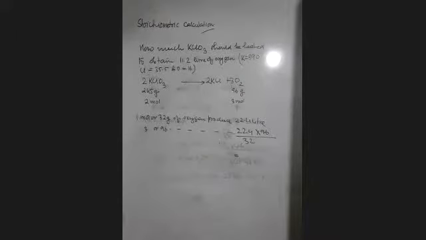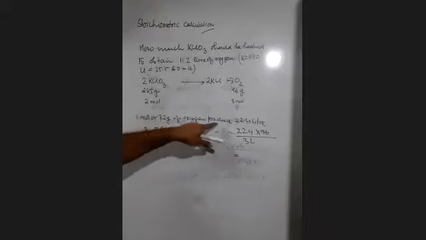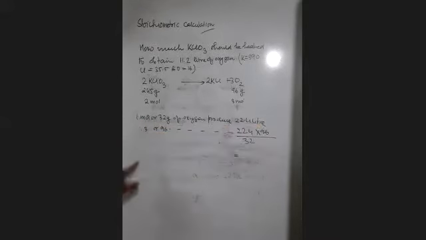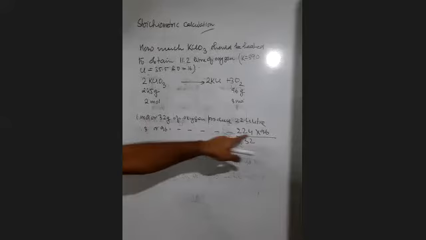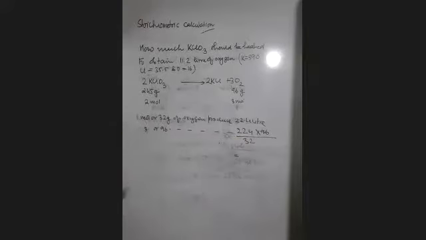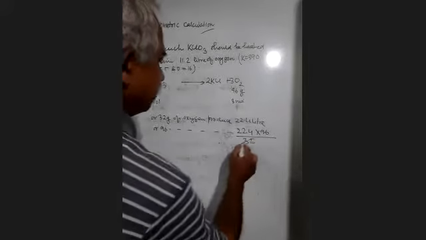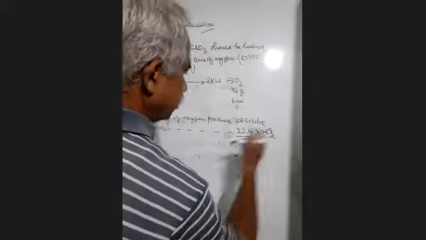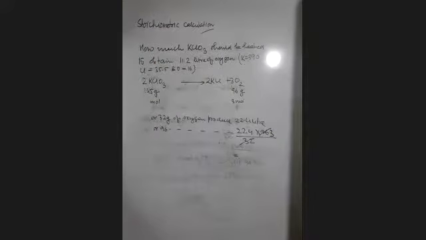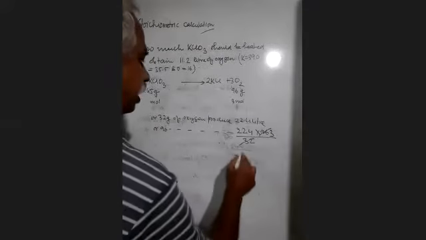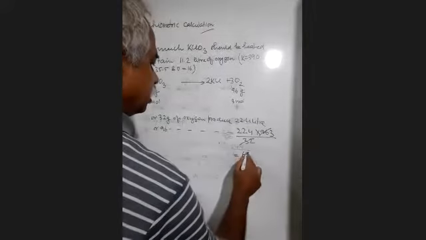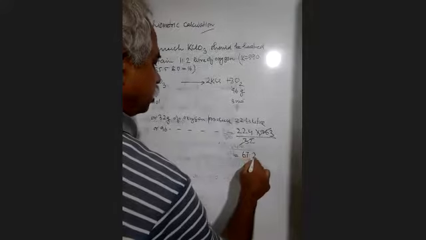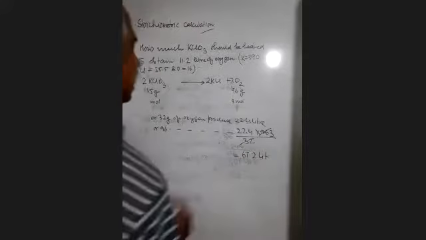Because of that, I've written 1 mole or 32 gram of oxygen produces 22.4 liter. 3 mole or 96 will give you how much? See here, if I divide, it is 3 mole. So it will be 67.2 liter.